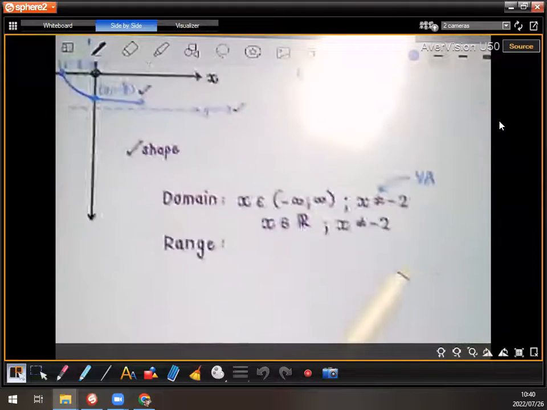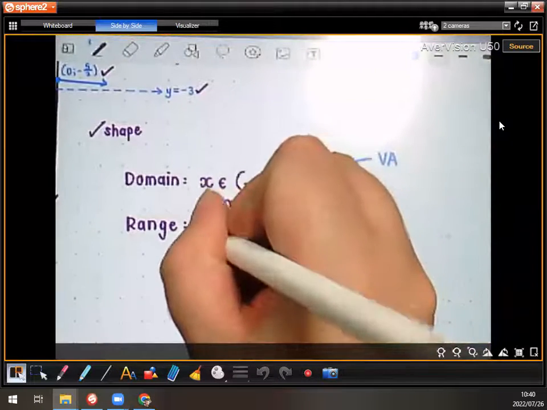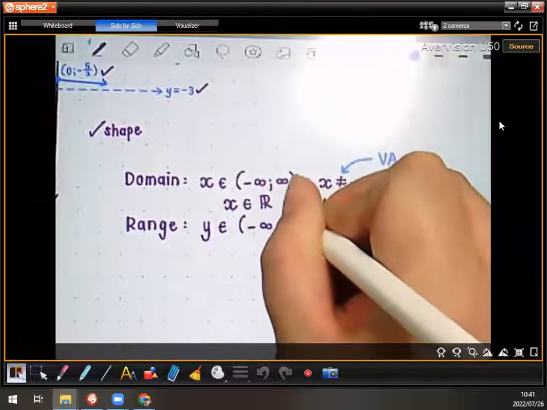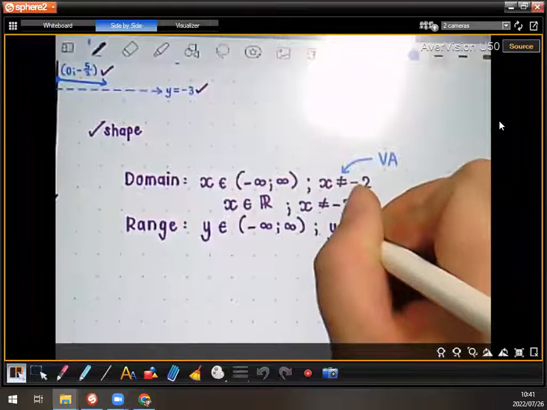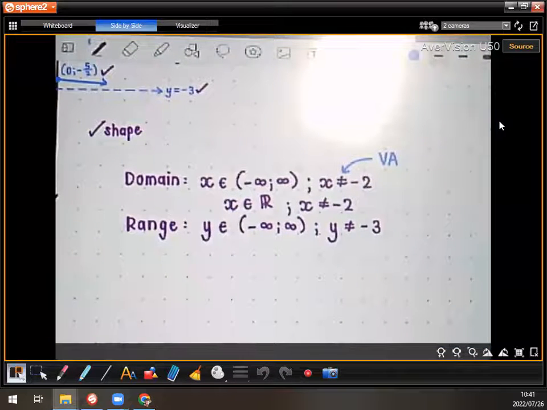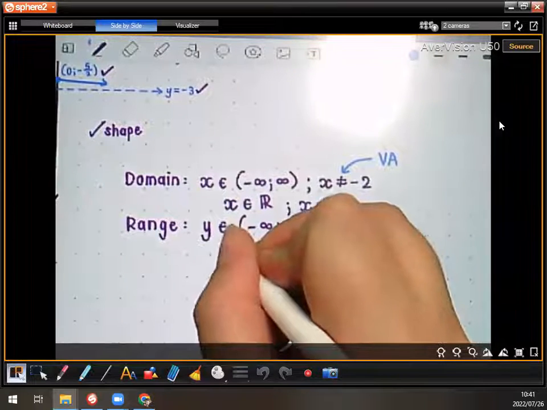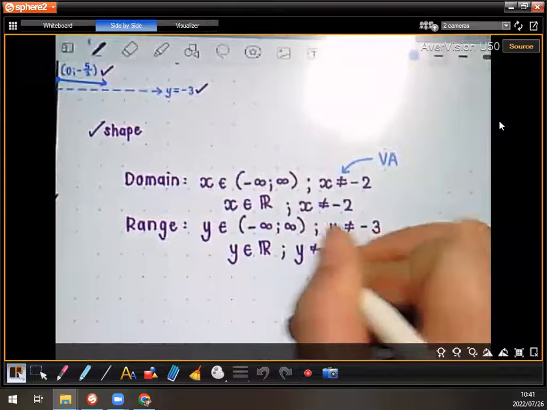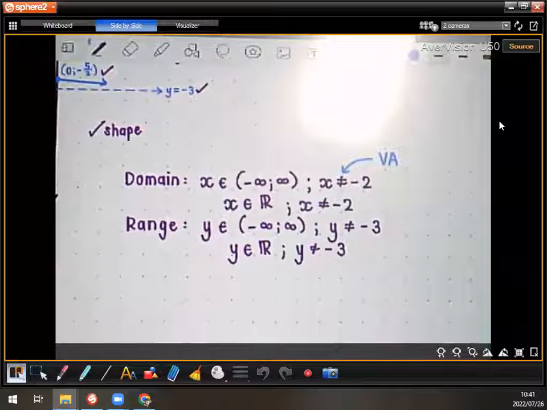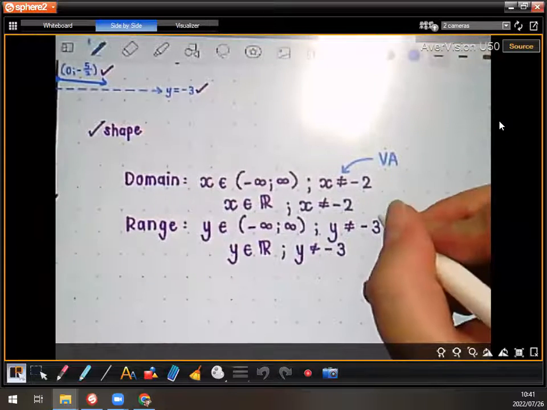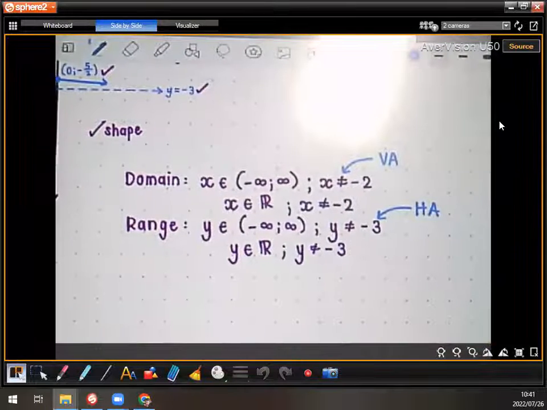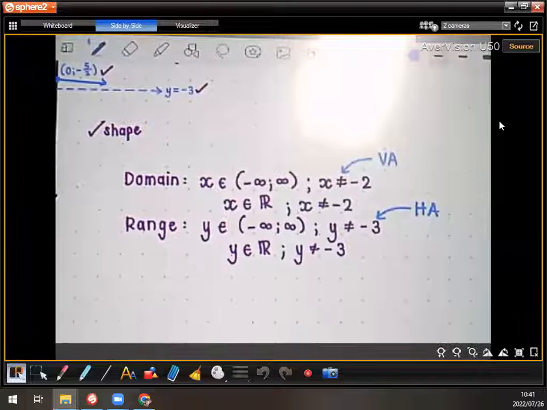So we have the exact same layout: y is an element of negative infinity to positive infinity, but y cannot be equal to negative 3, whatever your y asymptote value was. Or if you prefer, y is an element of real numbers, and y cannot be equal to negative 3. This y value comes from your horizontal asymptote, whatever that value is.